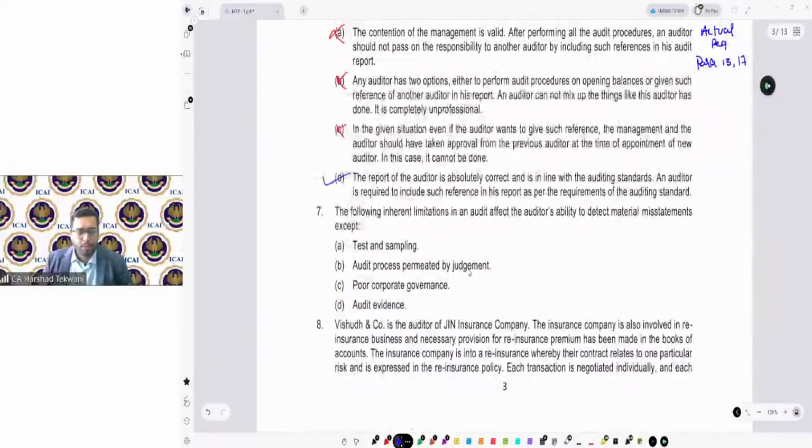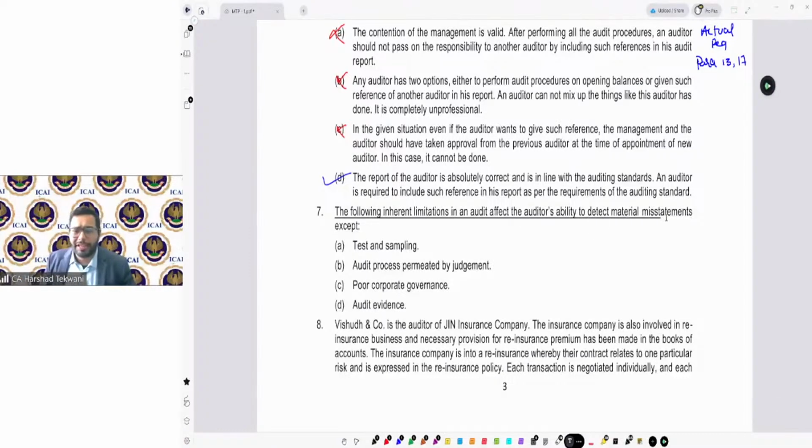Now let's move to the next one. Question 7. Pretty simple, short, but let's see. Which of the following inherent limitations in an audit affects the auditor's ability to detect the material misstatement, except?